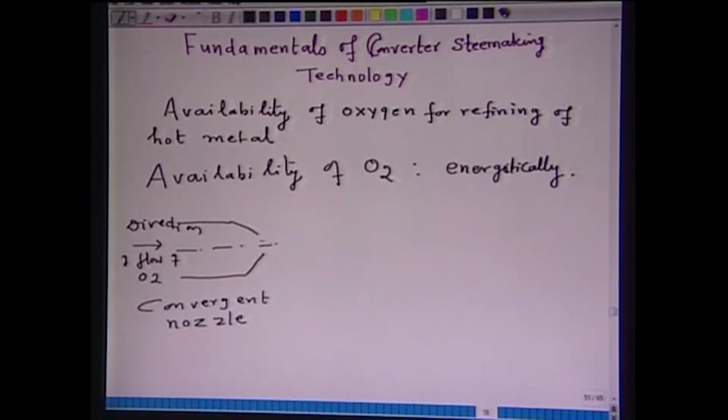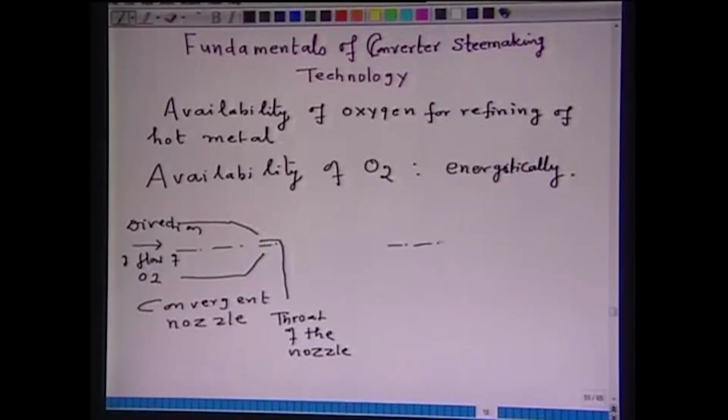This is the minimum cross sectional area, this is called the throat of the nozzle. So, this convergent nozzle is characterized by decrease in the flow cross sectional area as the flow proceeds, and the cross sectional area attains a minimum, which is called the throat of the nozzle.